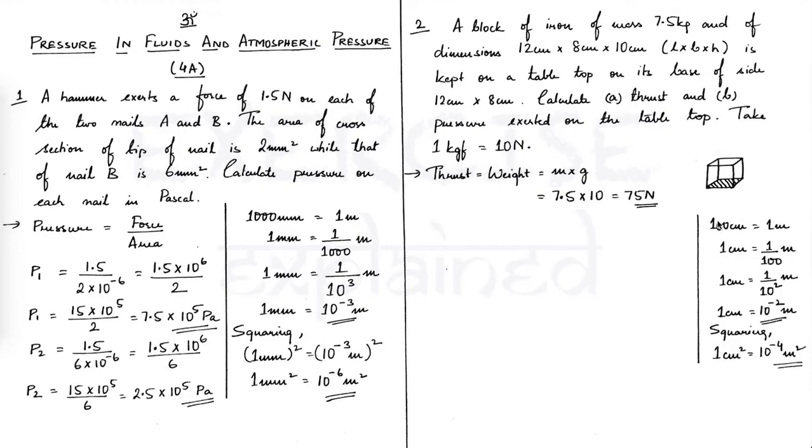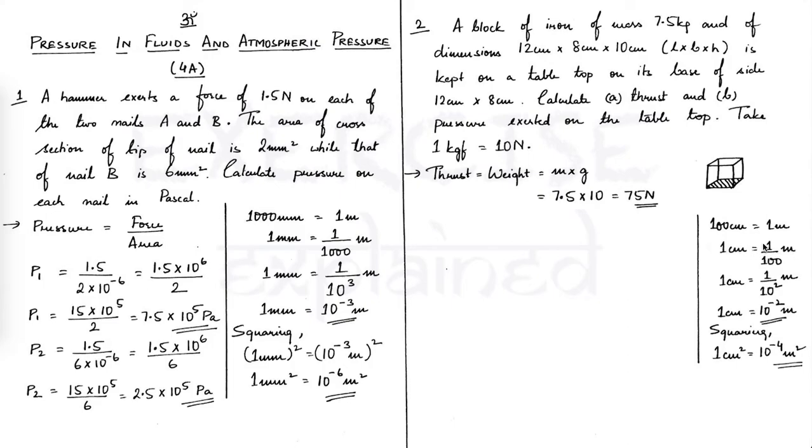So coming here, we will understand how to convert. See, the previous question I explained you how to convert millimeter square to centimeter square, and here I would be explaining you how to convert centimeter square to meter square. Now all of us know that 100 centimeter is 1 meter. So 1 centimeter will be 1 by 100 meter.